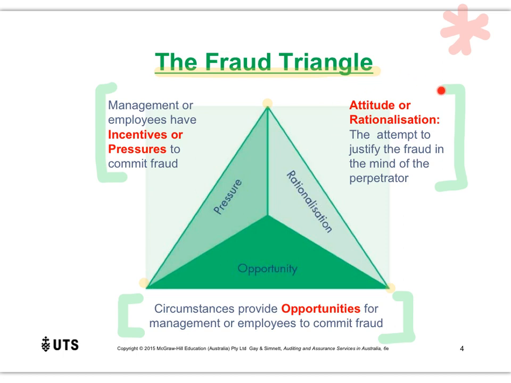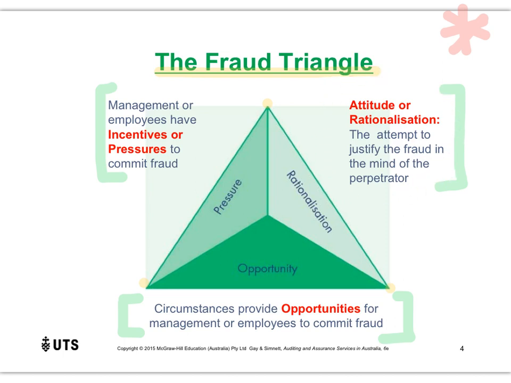So this one's about attempting to justify the fraud in their mind. So in summary, in order for a fraud to take place, there needs to be some form of incentive or pressure to commit the fraud, an opportunity to commit the fraud, and some form of justification for that action.